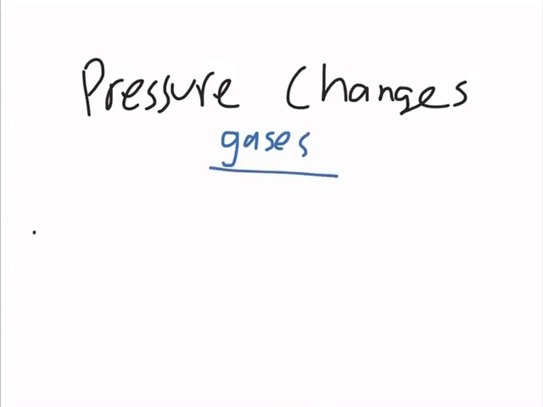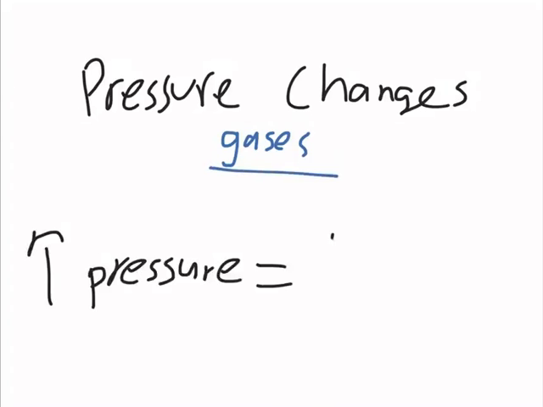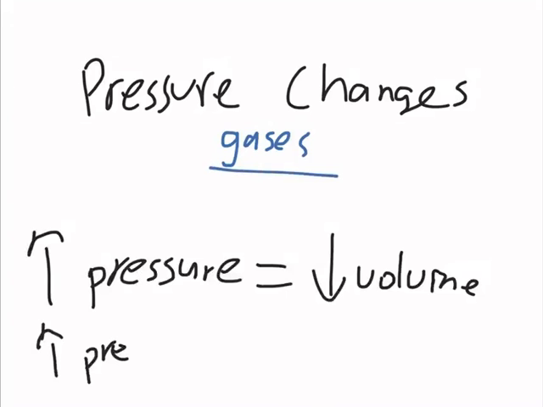Now, the way that this one works is that if we increase the pressure, then we decrease the volume. So, Le Chatelier's principle states that if we increase the pressure, then the reaction is going to shift to the side with fewer moles of gas.